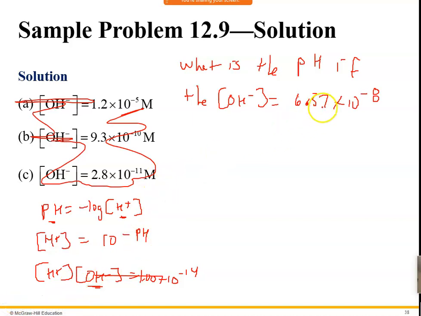Okay, so this has got to be plugged into this equation. So you'll have H plus equals 1.00 times 10 to the negative 14th divided by your 6.37 times 10 to the negative 8th. All right, and that is going to equal, let me type it in real quick.